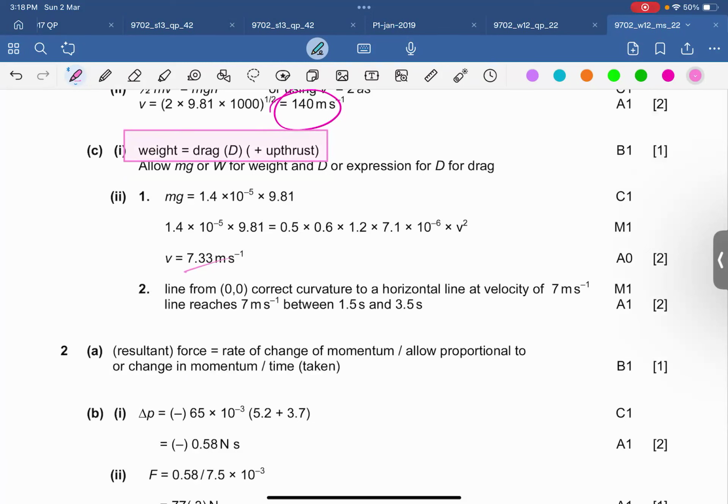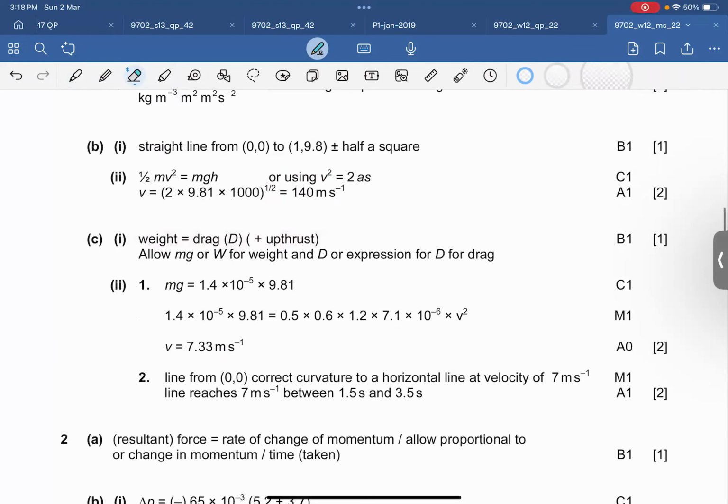We have to show the decrease in the gradient as the line progresses. And the other thing? Reaches 7 between... okay, fine, they're just saying you have to do it yourself, and don't require any time.